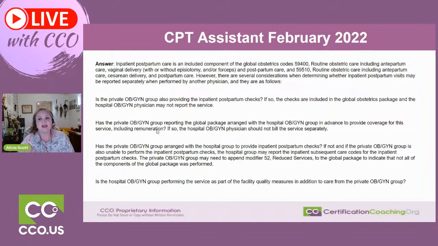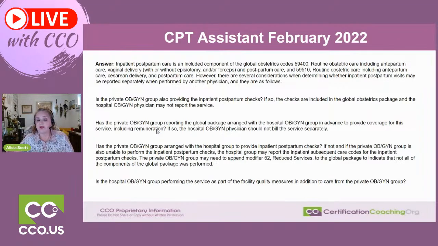Now, the last thing to ask is, is the hospital group performing the service as part of the facility quality measures in addition to care for the private group? Because quality measures are different.